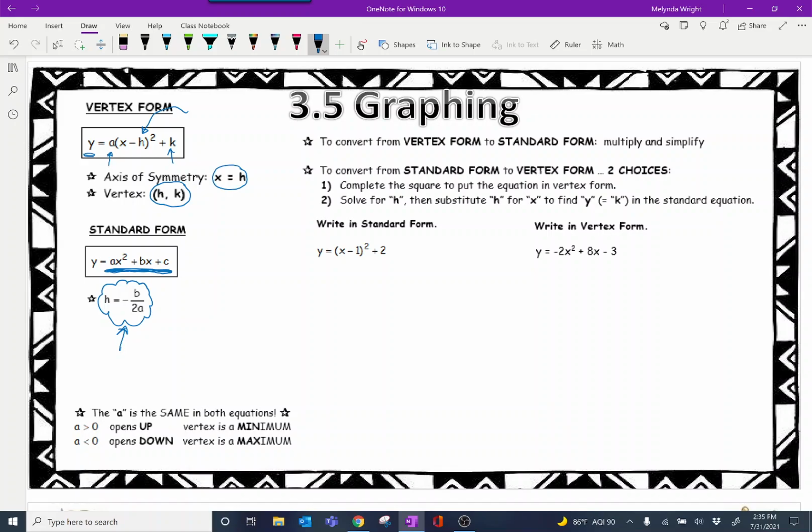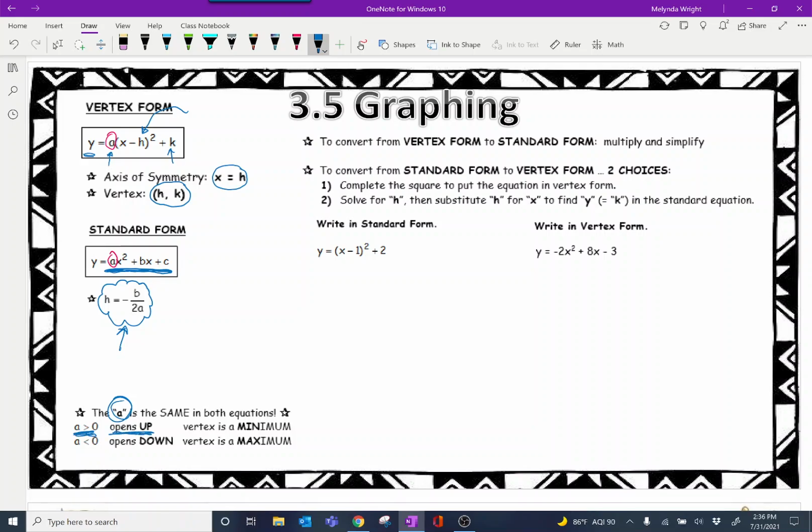So let's spend a little bit of time talking about a. Let's just kind of highlight it. It's right here and right here. Those are the same a's. If a is positive, or greater than 0, it opens up.